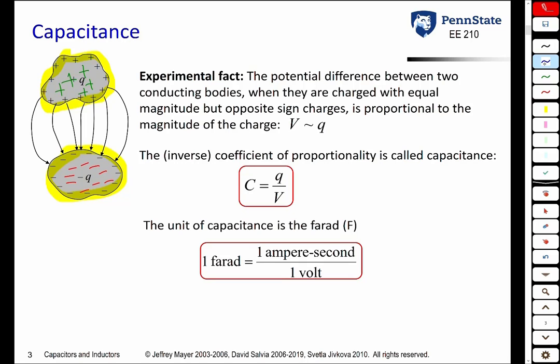What that's going to create is an electric field, or an E field, pointing from the conducting body with excess positive charges to the body with excess negative charges. This in turn is going to cause a voltage difference between the two bodies.